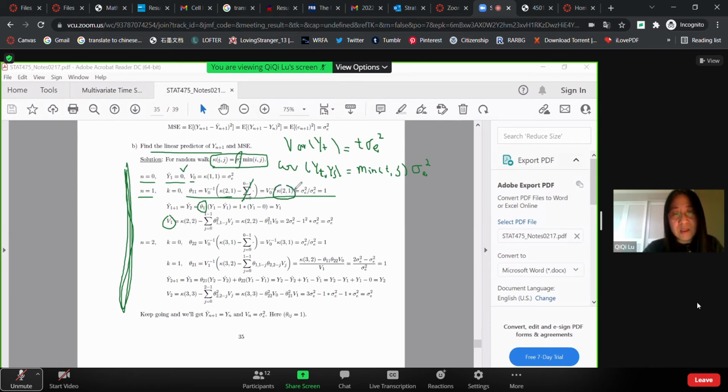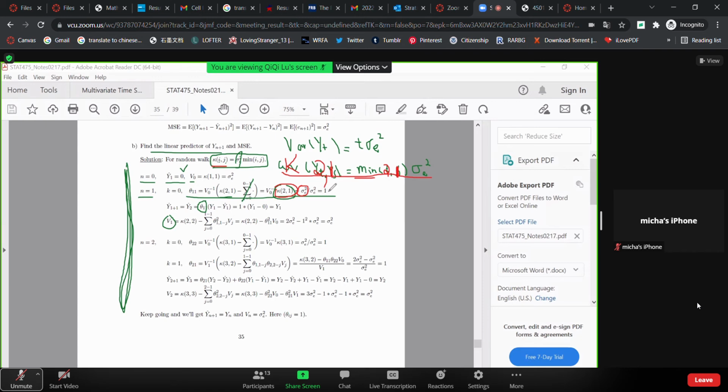For the covariance kappa i j, kappa 2,1 is the minimum between 2 and 1 times sigma e squared. The minimum between 2 and 1 is 1, so kappa 2,1 is sigma e squared. And sigma e squared divided by V0, which is sigma e squared, is 1.